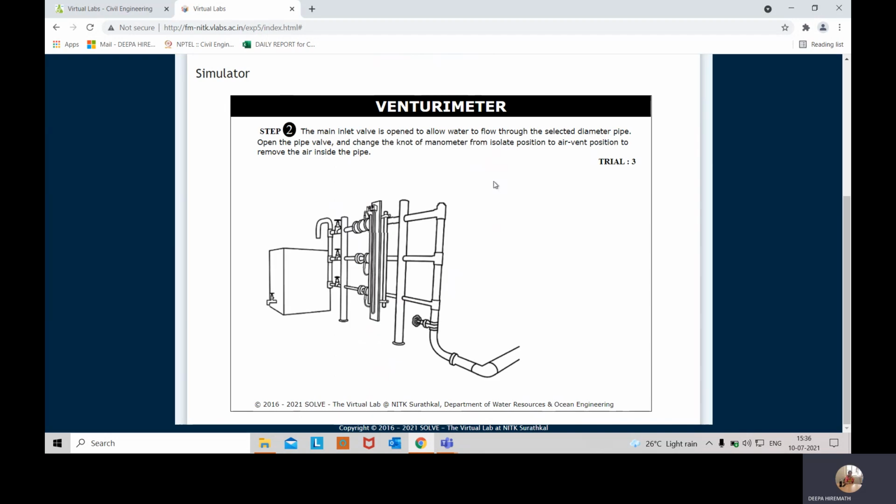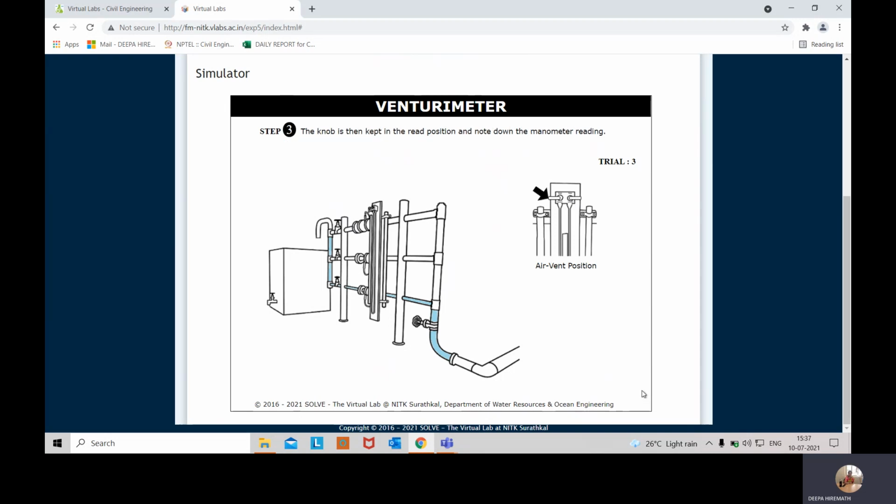Next, again the same thing is done in trial 3. I'm going to open the valve and the water is made to flow here. I'm going to open this valve again and then the position of the manometer knot is changed from isolated to air vent position.